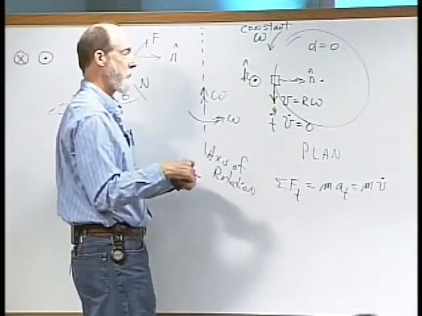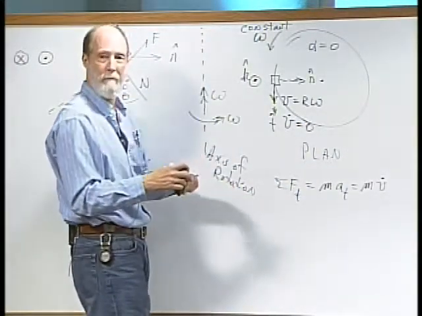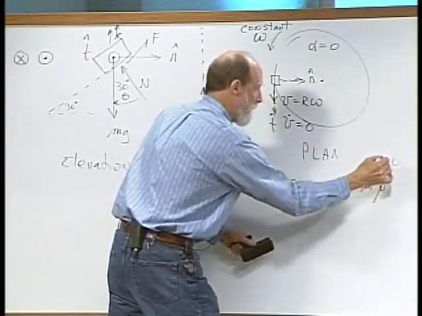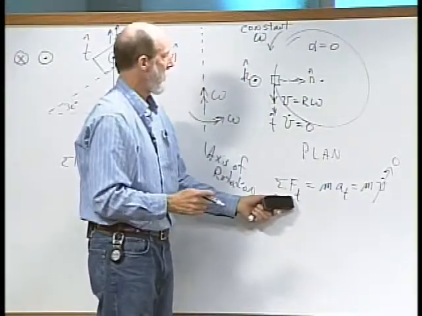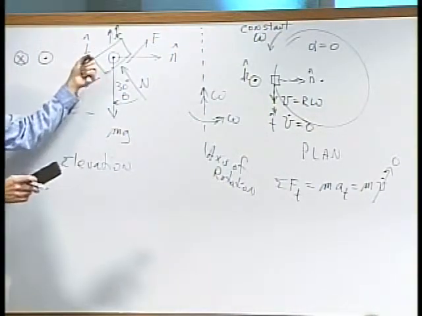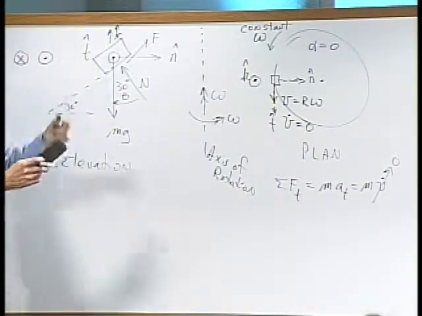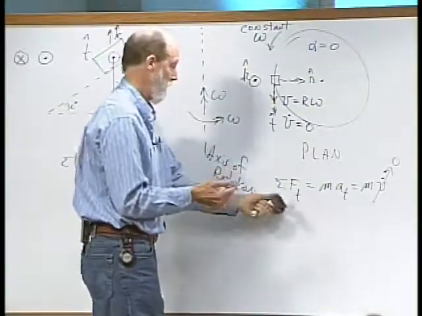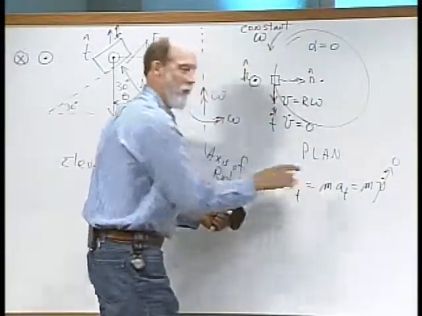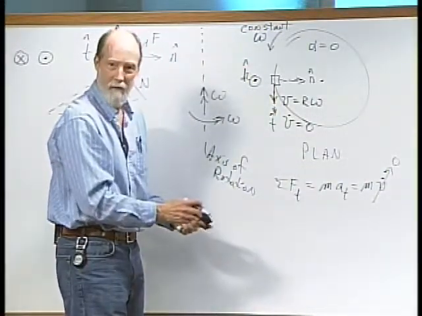So therefore, this is 0. And look at your sum of forces in the tangential direction coming out of the board. Are there any forces? No, no forces. That's nice. 0 equals 0. We like that. But that doesn't give us any additional information to solve the problem.